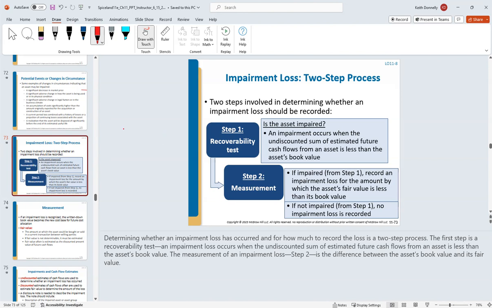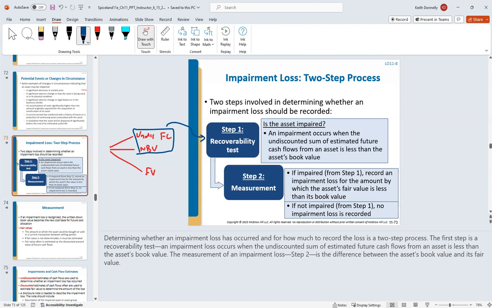Really what we're doing here is we're going to line up our undiscounted future cash flows, we're going to have our net book value, and then we're going to have our fair value. Step one is going to compare these.